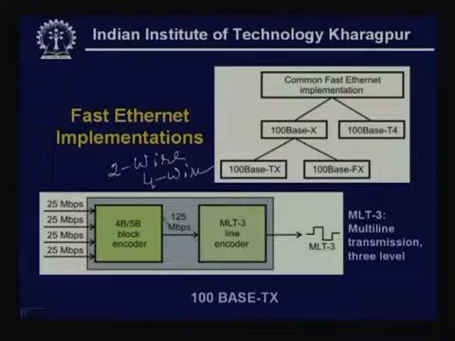This is the baud rate generated by the block encoder, and then it is performing MLT3 line encoding. MLT3 is essentially multi-line transmission using 3 levels.